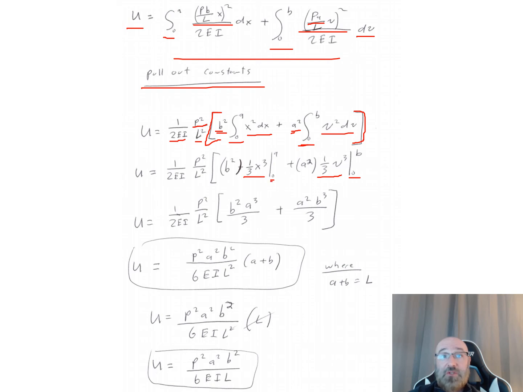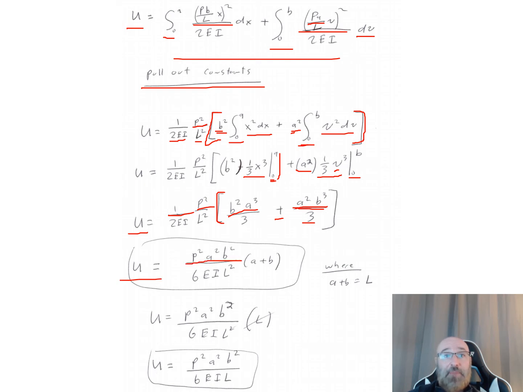We plug in those limits, and we end up with our total strain energy equal to, with our constants out front, 1 over 2EI times P squared over L squared times, in brackets here, b squared times a cubed over 3 when we plug in from 0 to a, plus a squared, that's our constant out front, times the integral, where we plug in our v from 0 to b, which is going to be b cubed over 3.